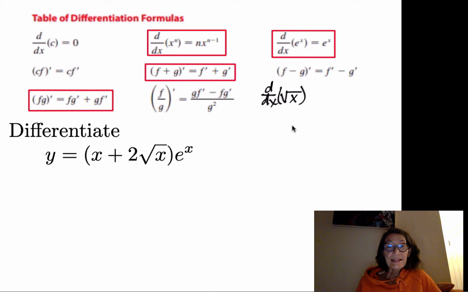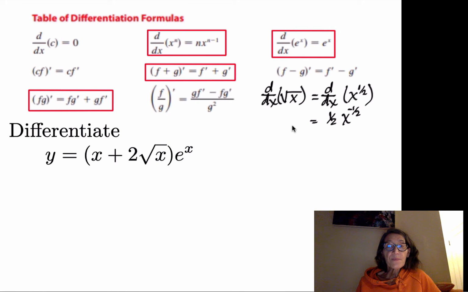So to get this formula, we first rewrite the square root of x as x to the 1/2. And here's where we use the power rule. The derivative of x to the 1/2 is 1/2 times x to the 1/2 minus 1, and that's just x to the negative 1/2.